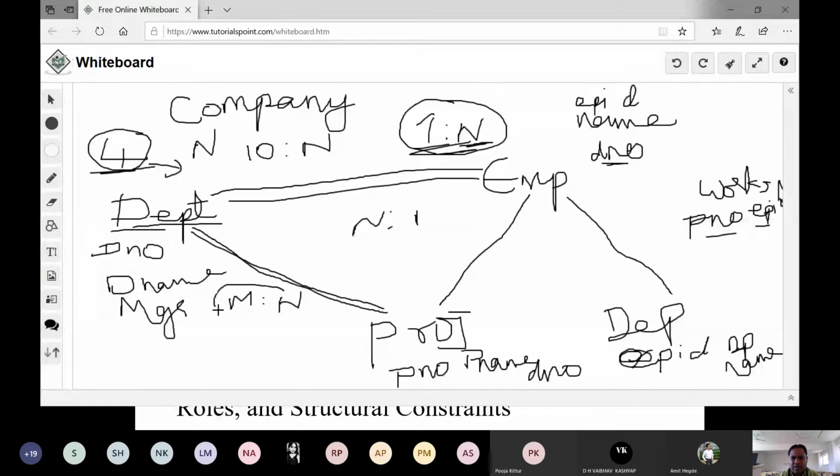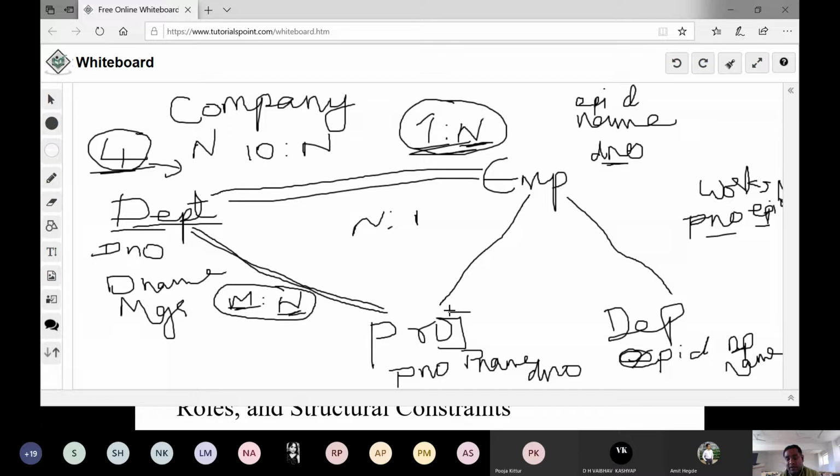So I'm trying to assign one ratio here, m is to n, for department and project. That means m number of departments can control n number of projects. It's not mandatory that one project will be controlled by one department. It may be with multiple departments.